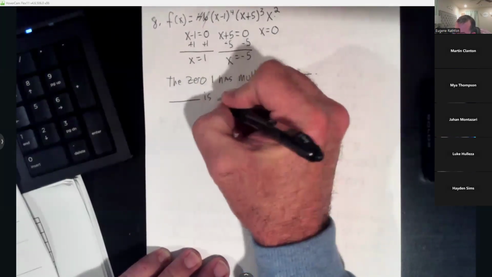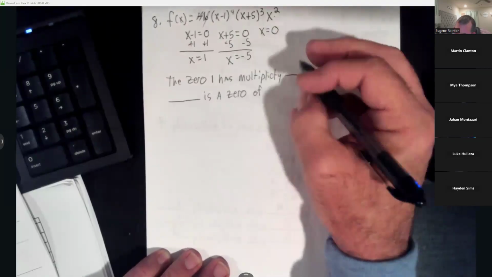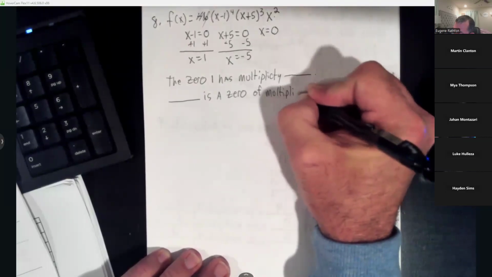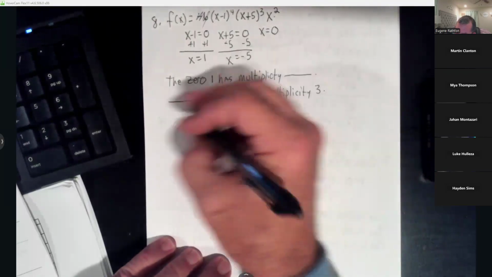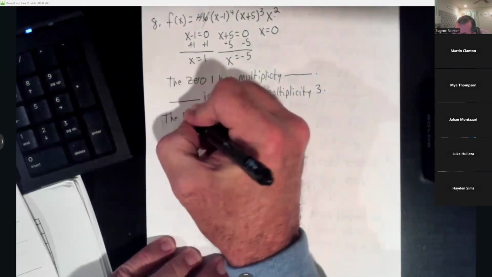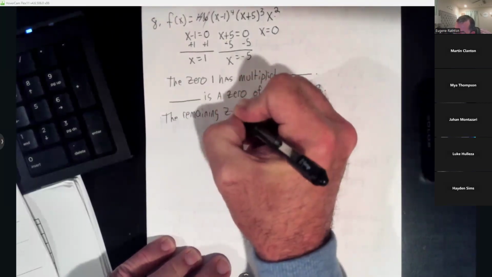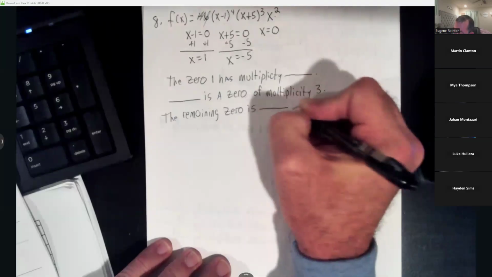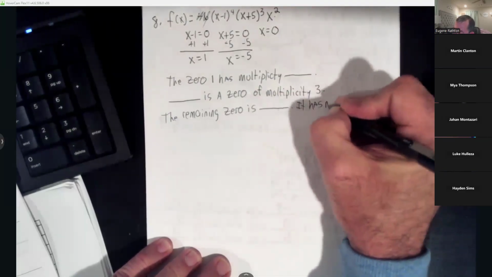Blank is a 0 of multiplicity 3. And y'all finally, the remaining 0 is blank. It has multiplicity blank.